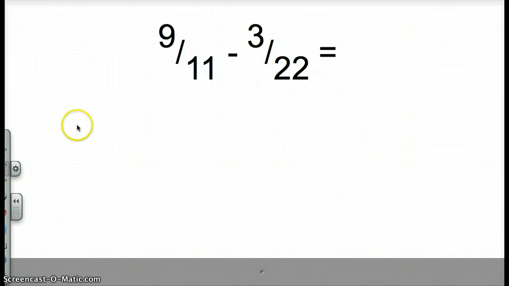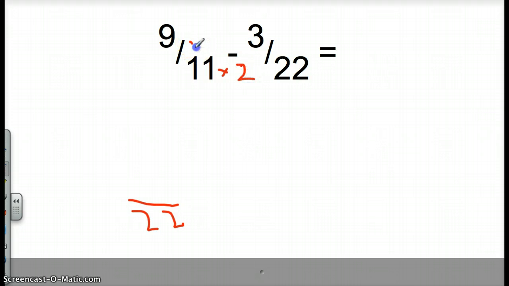And here's another subtraction problem for you guys out there: 9/11 minus 3/22. So, again, you have to find common denominators. And the best one for me would be 22. And to get 22 from 11, you have to times it by 2.